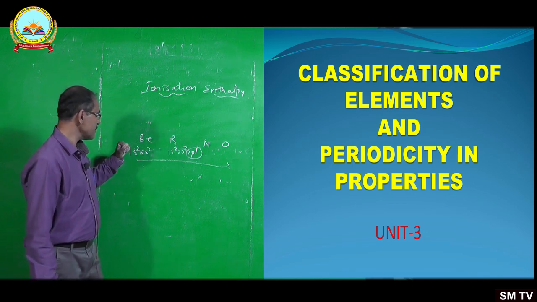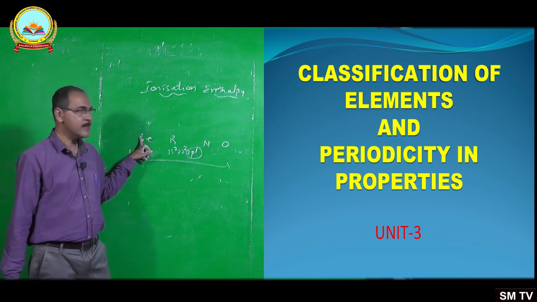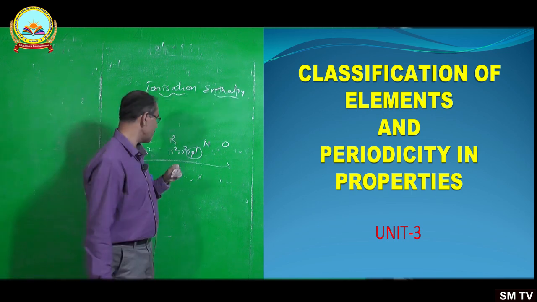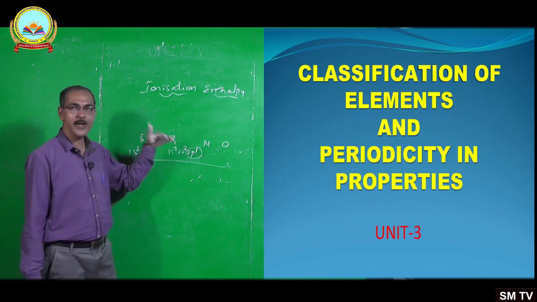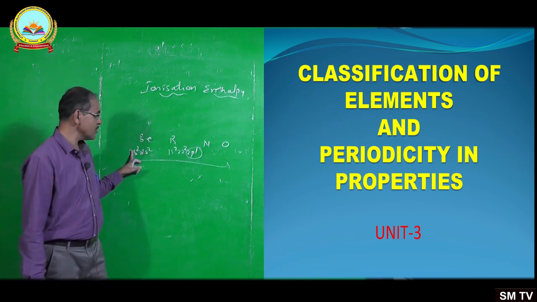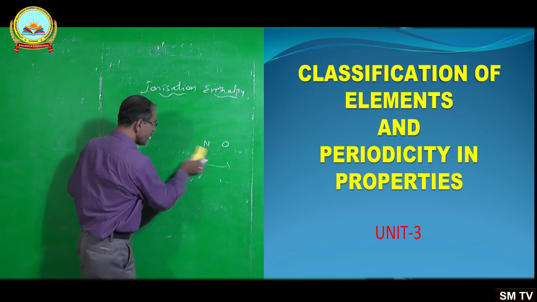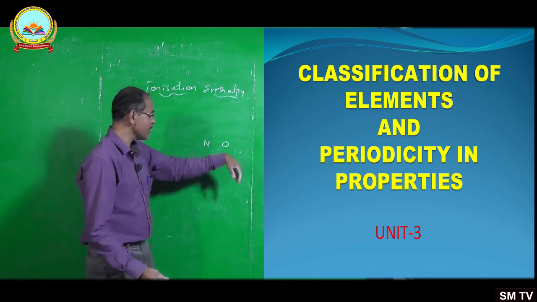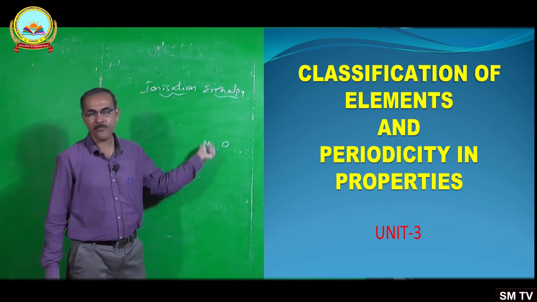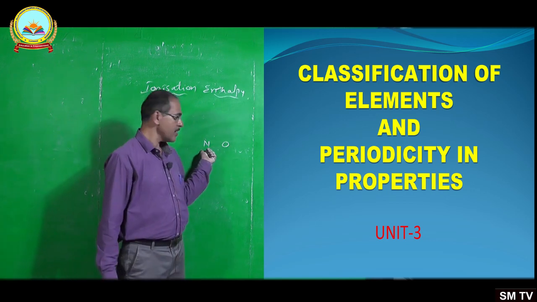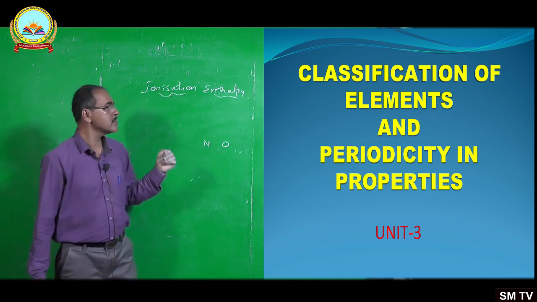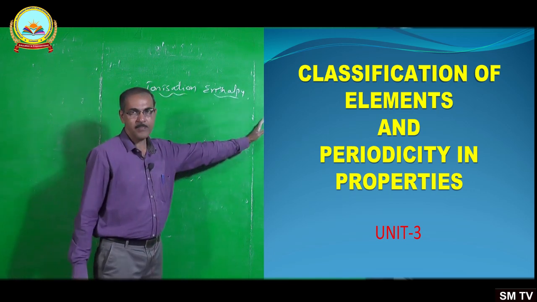Therefore, beryllium has higher ionization enthalpy, and boron has comparatively lower ionization enthalpy. In case of nitrogen and oxygen, again the same thing. Nitrogen has a stable half-filled configuration. Therefore, nitrogen has higher ionization enthalpy.